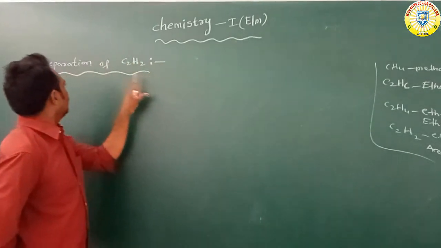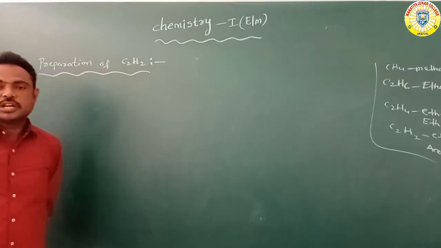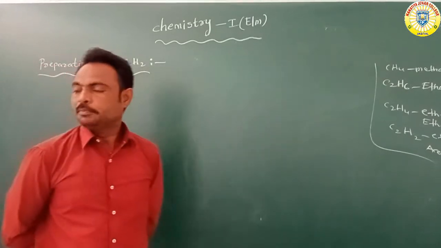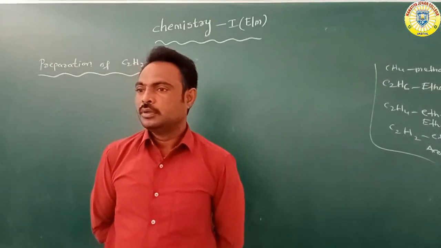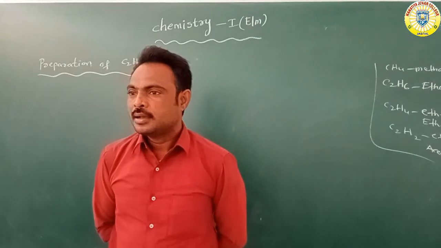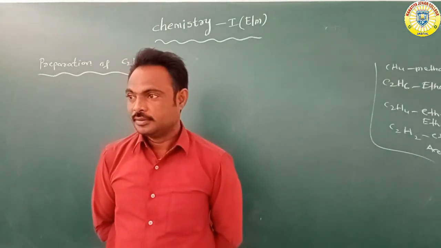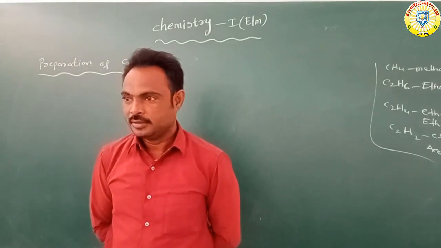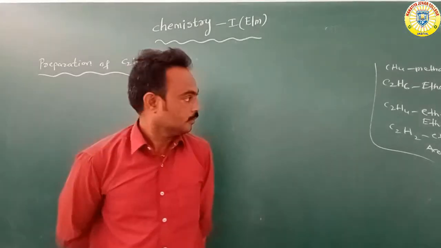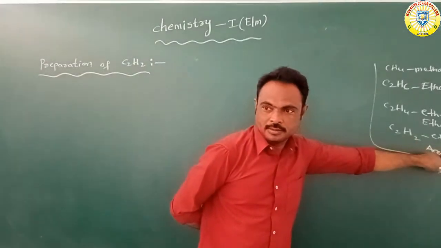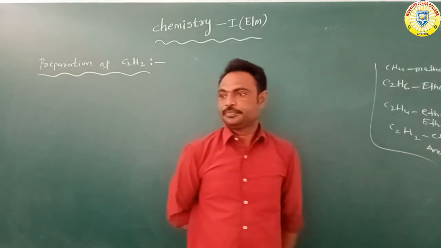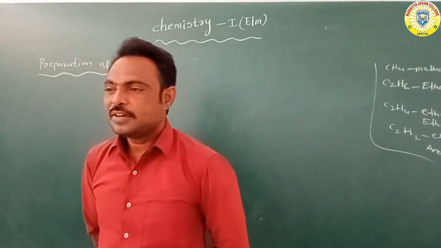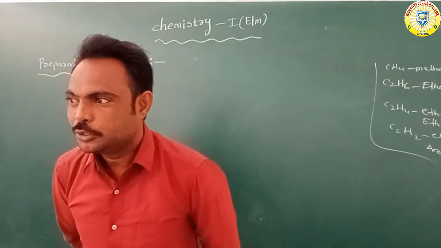Listen. Next, the preparation of C2H2. It is an alkyne. Alkyne means ethyne, or acetylene. What is the formula of acetylene?